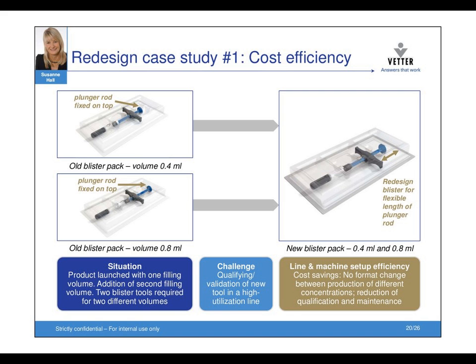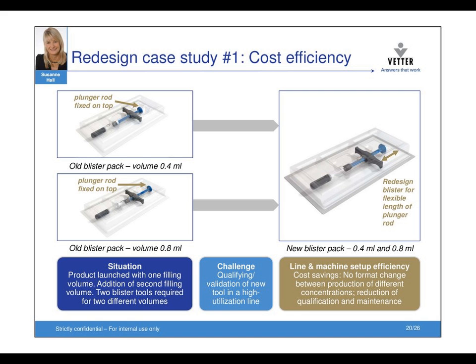Instead of having 2 tools, one for the application for adults and one for the application for children with only half of the filling volume, our goal was to have just 1 tool. We had to look at the different stopper position. This had an influence on the overall length, including the plunger rod and the space you need inside the blister for the assembled syringe.